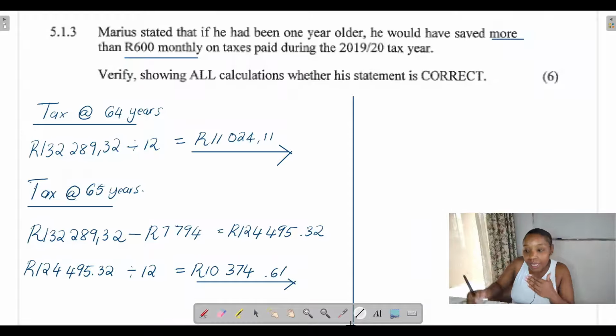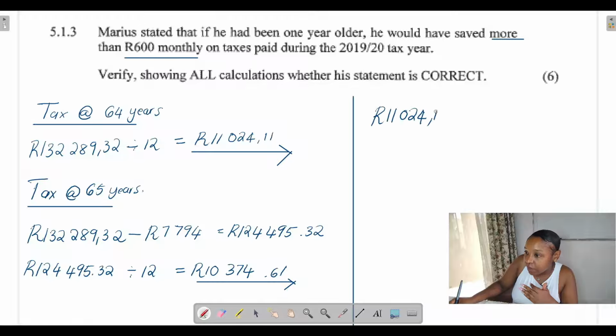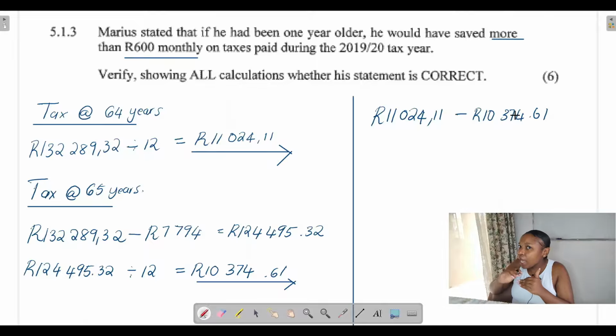We need to take the 11,024 rand 11 cents and minus the 10,374.61, because obviously when he's 64, he's paying more than he would pay when he's 65. To check how much more he's paying, we just need to subtract the two from each other.